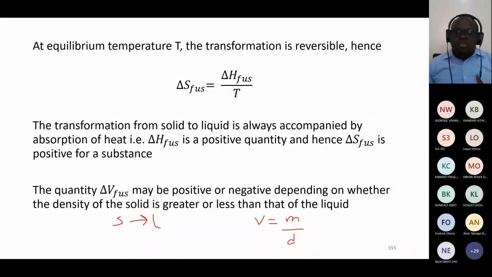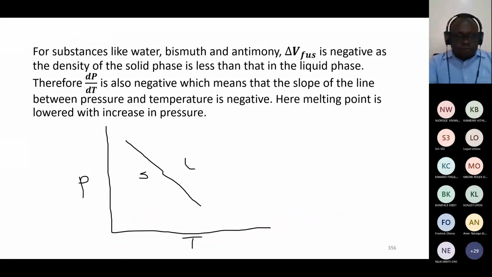There are some substances where, moving from solid to liquid, the solid is less dense compared to the liquid. If that is the case, it means there is a reduction in the volume. So when you're considering delta V fusion for that substance, which is the final volume minus the initial volume, it's going to be a negative value, okay? Because the volume is decreasing. For example, for substances like water, bismuth, and antimony.